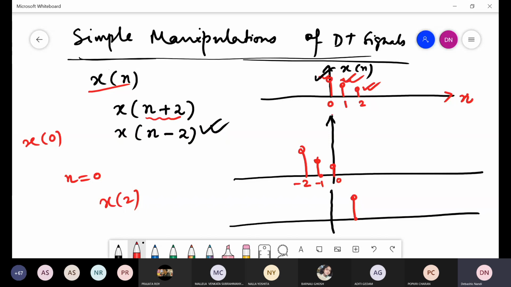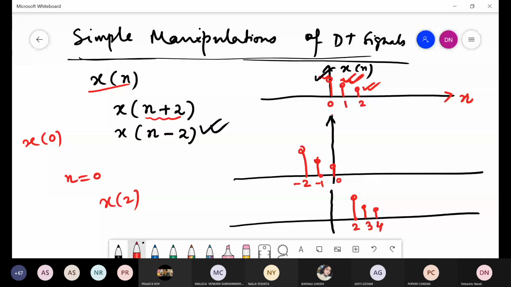Then this second sample of xn will appear here at n is equal to 3. And this sample which was at n is equal to 2 in xn will appear at n is equal to 4. So it will be 2, 3, and 4.